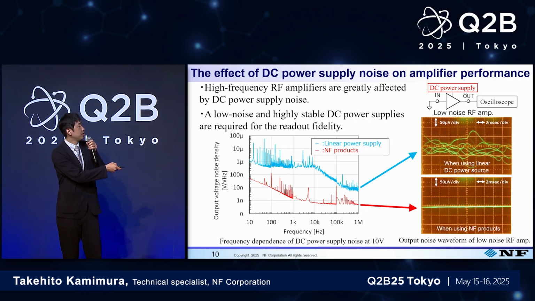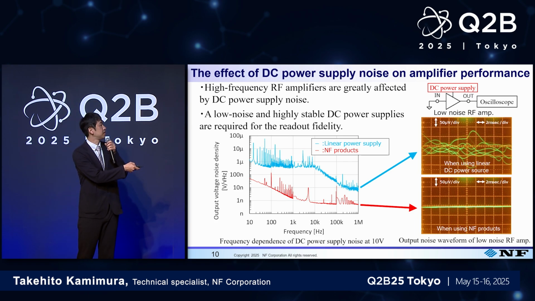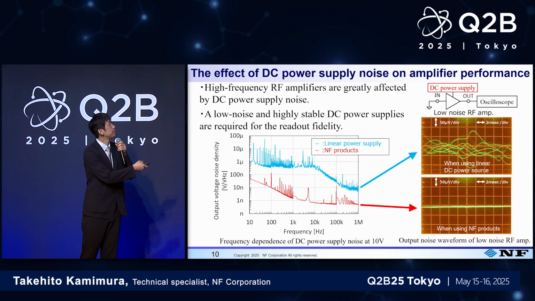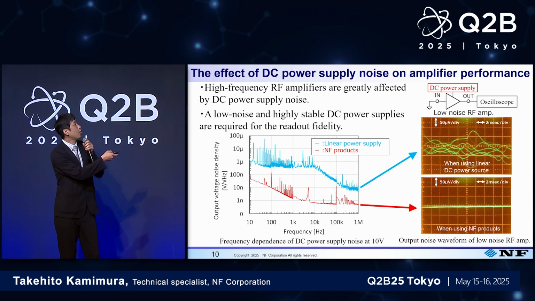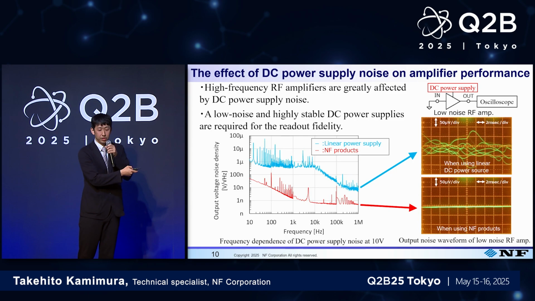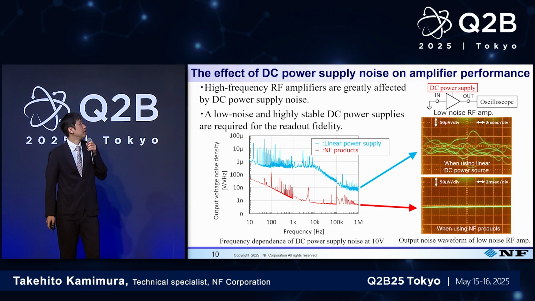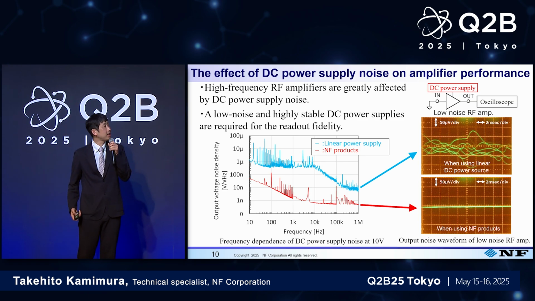On the left-hand side, the power source output noise performance is shown, where the x-axis is the frequency and the y-axis is the voltage noise density. The blue line is a regular power supply, and the red line is our company's noise level. It is low noise from low frequency to a wide frequency range, and the configuration is such that it does not affect the amplifier.